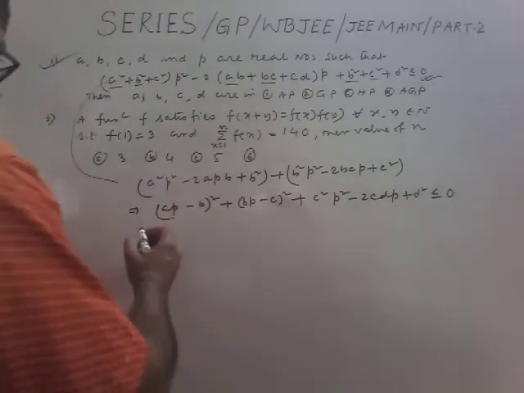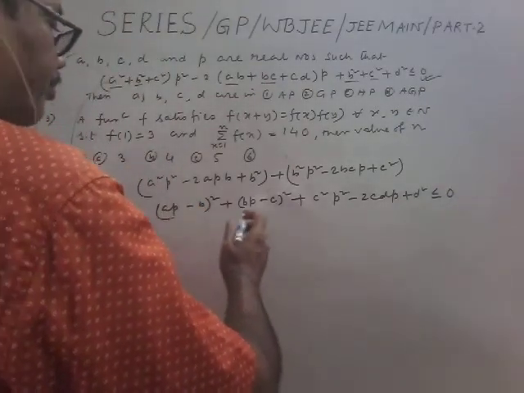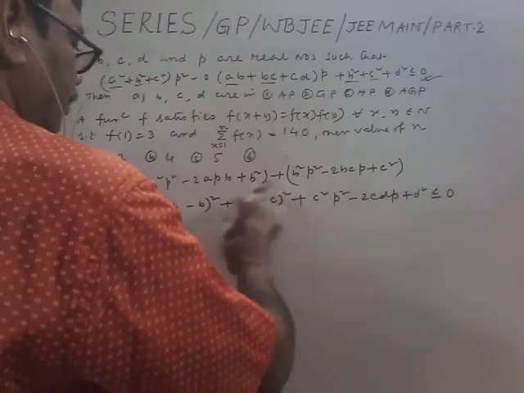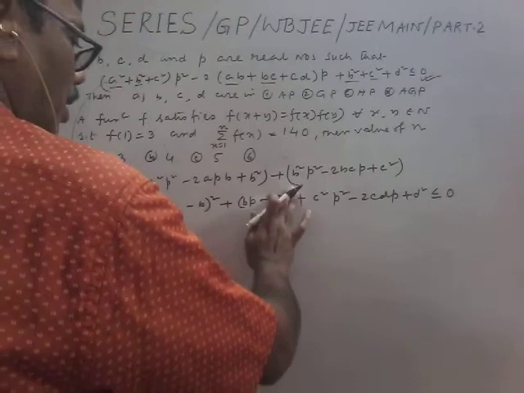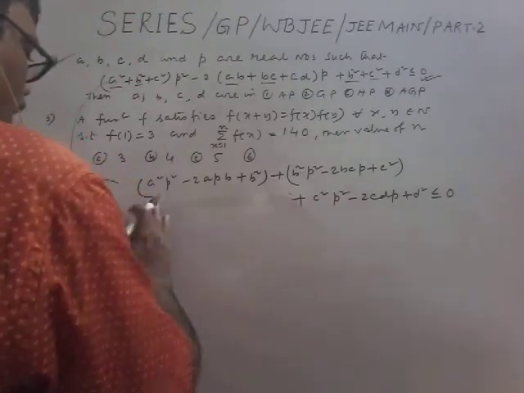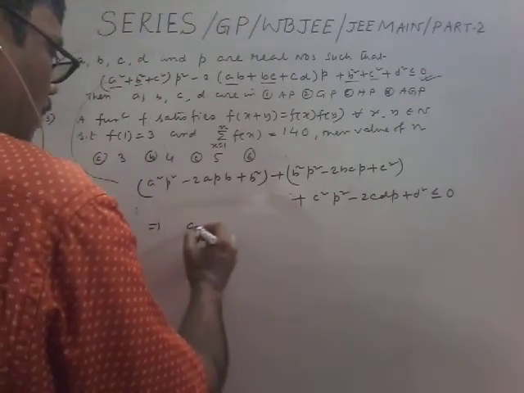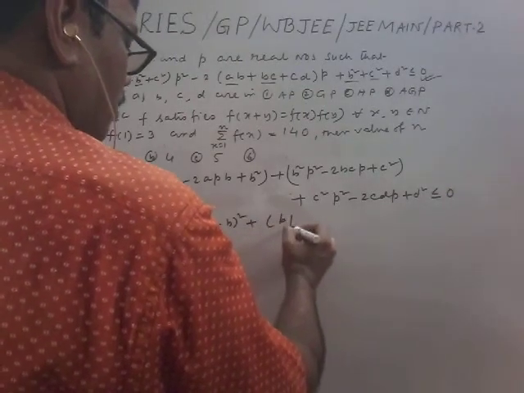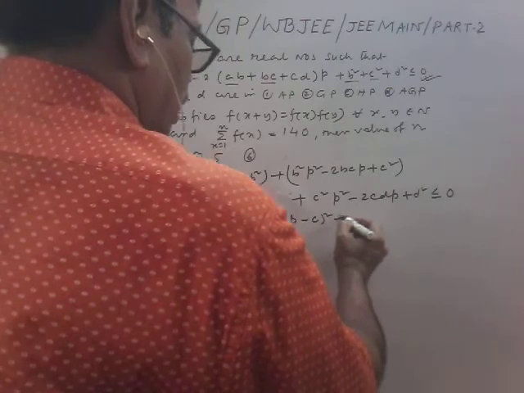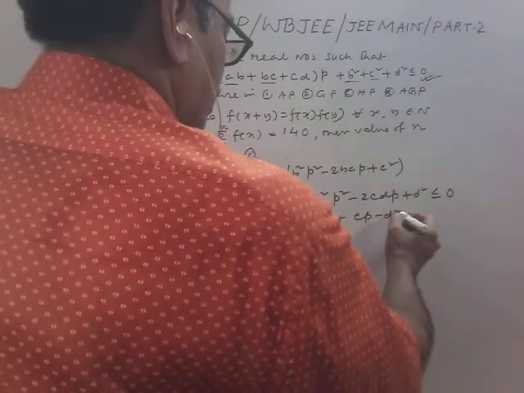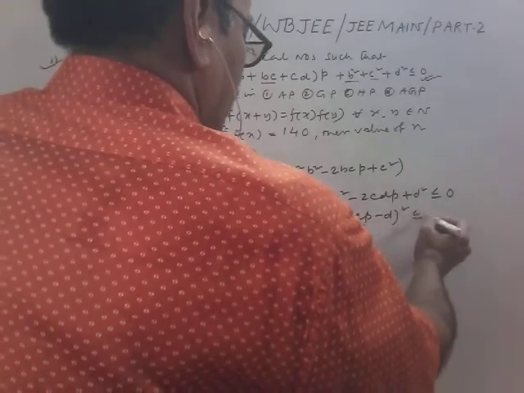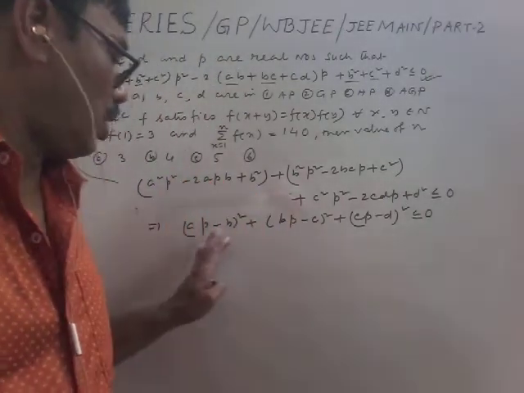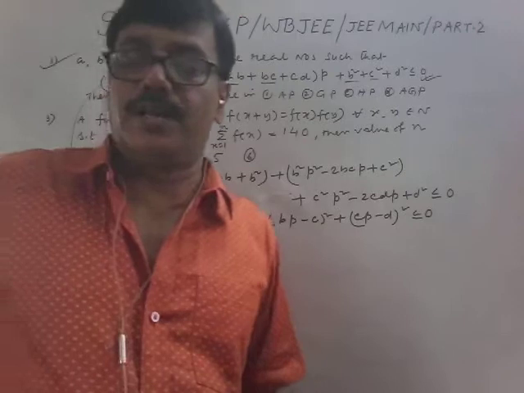So first one is ap minus b whole square, then bp minus c whole square, cp minus d whole square, less than or equal to 0. Now a, b, c, d and p are real.